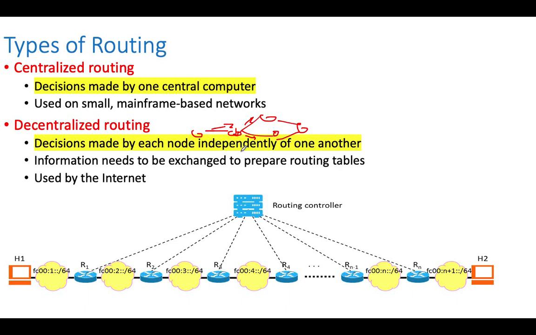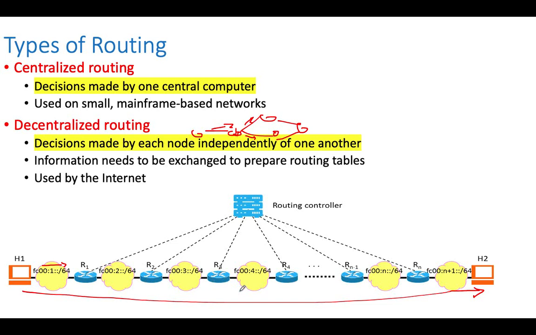We have plenty of routers, as you can see over here, and I want to send the data from here to here. If we use the distributed or decentralized, I send the packet here and it passes here. This router will run some algorithm, decide which direction to take and send it here. The same thing is done here, like that.